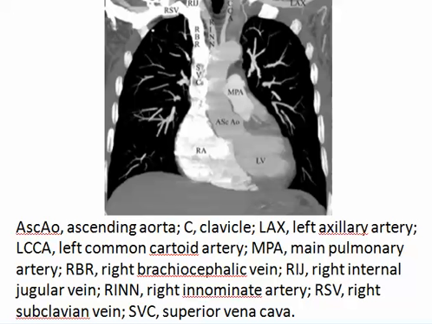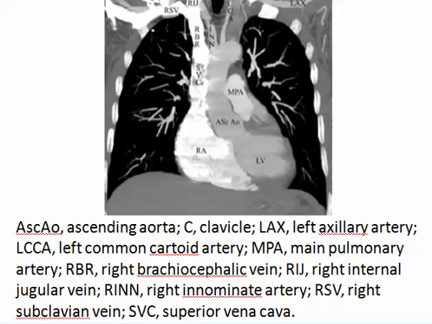We have the right brachiocephalic vein, formed from the right internal jugular and right subclavian veins, parallel to the right innominate artery.